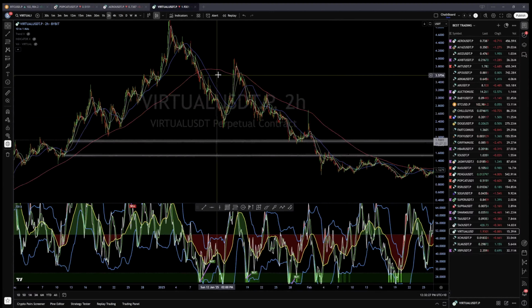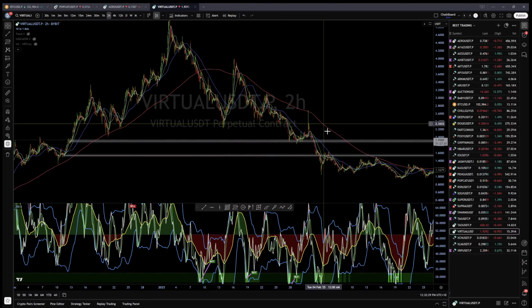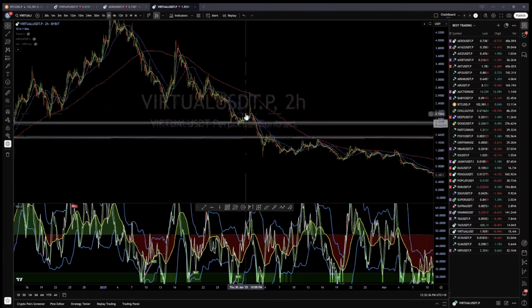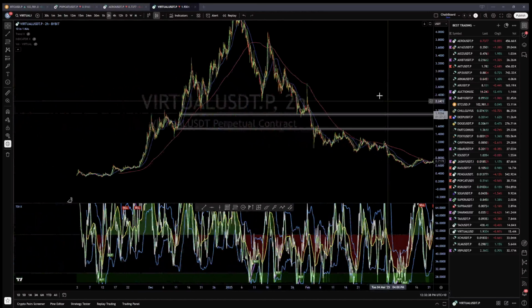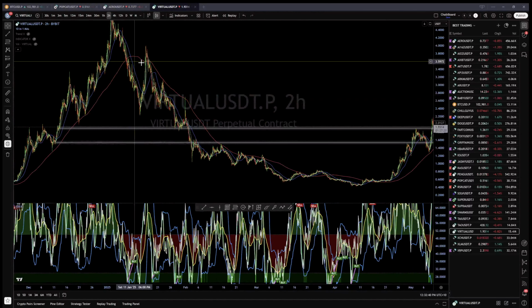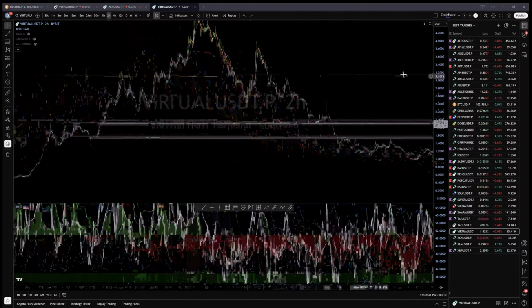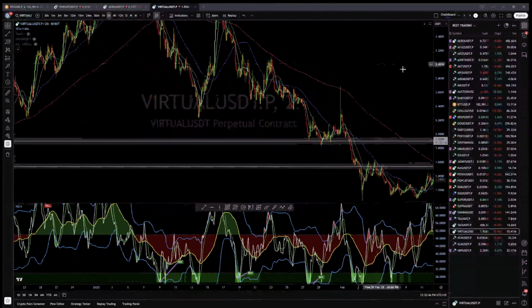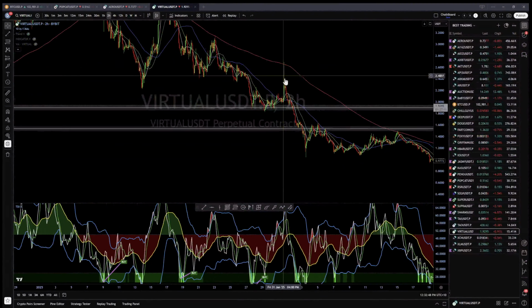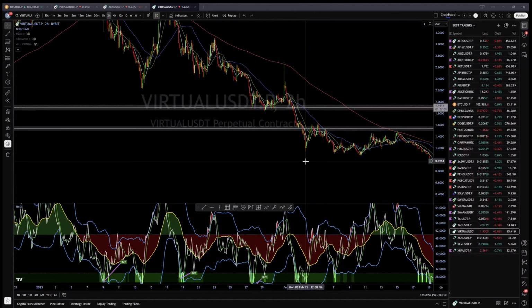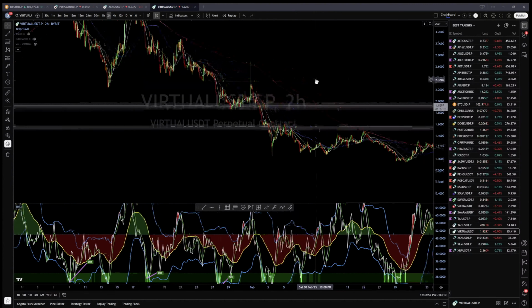And the steeper the curve of the moving average, the less likely it is for price to break through it. What needs to happen is that the 200 needs to start to level out. And you'll notice as you get going down, like in a strong downtrend, the price will eventually get further away from the 200.